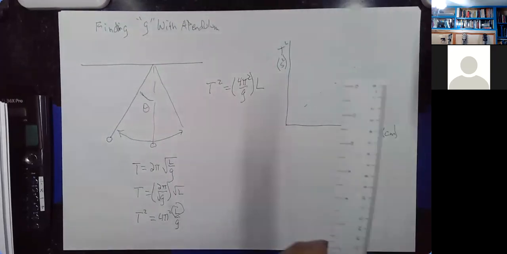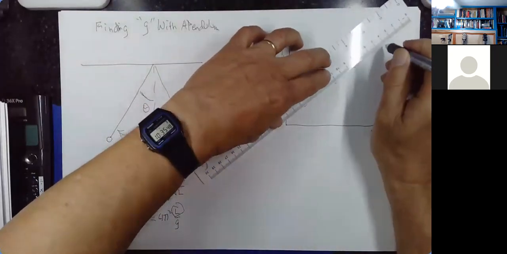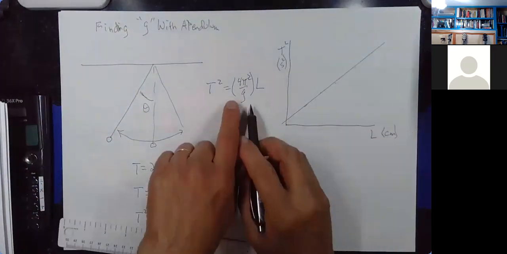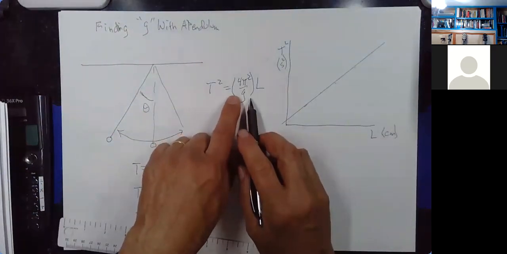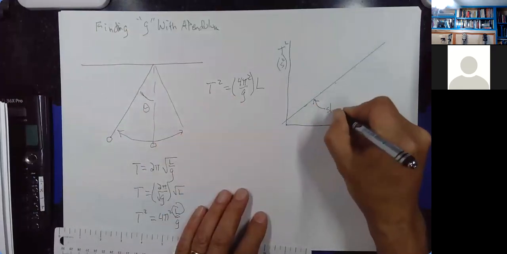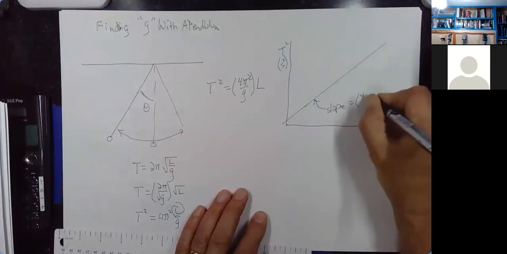I think we have close to 10 on this lab. And if you draw a straight line that best approximates them, the slope is going to equal this quantity in parentheses here. So the slope will equal 4 pi squared divided by G.